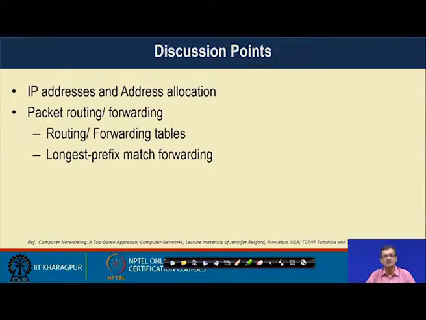And another concept that comes into play is the longest prefix match, sometimes called LPM forwarding, right. We will be referring to longest prefix match throughout this series of lectures. We will also be referring to some of the books and reference materials, as we have mentioned in our earlier slides also, right.